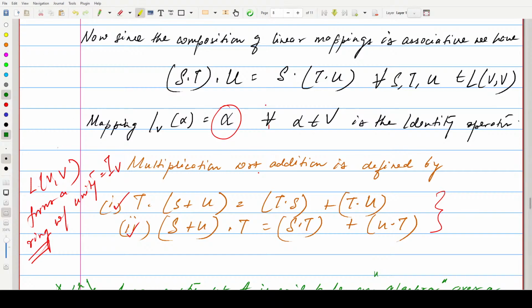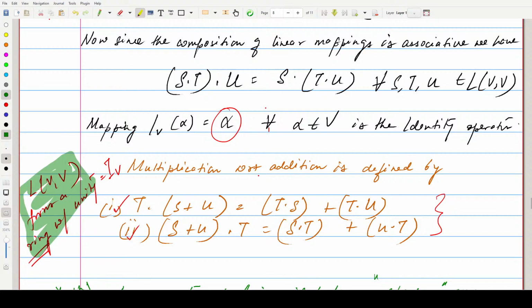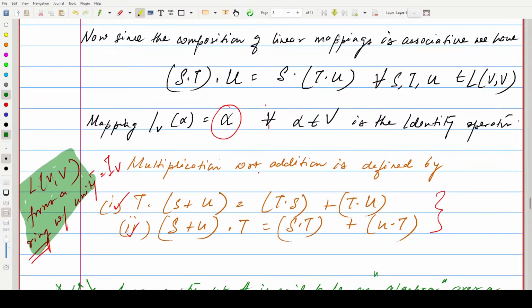A very nice point to note is that this thing forms a ring with unity. I'm going to color this over here so that all you math nerds can get this right.